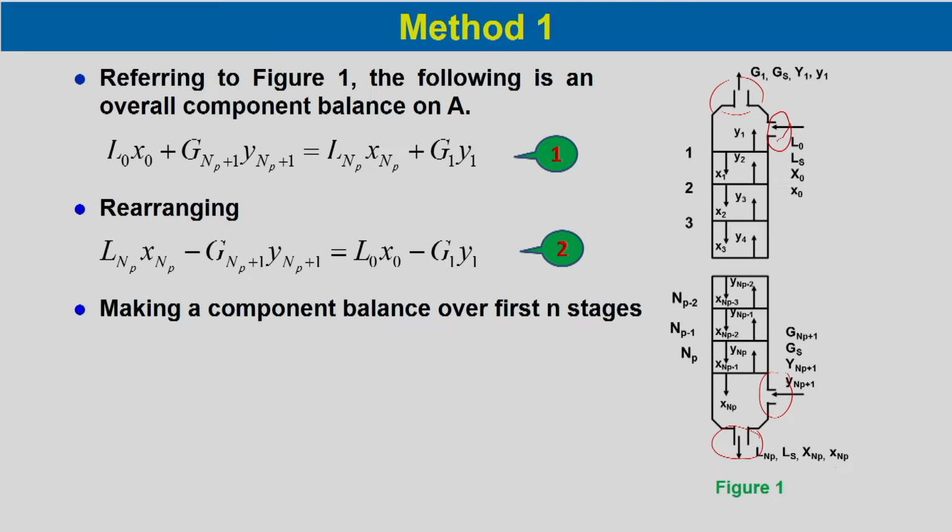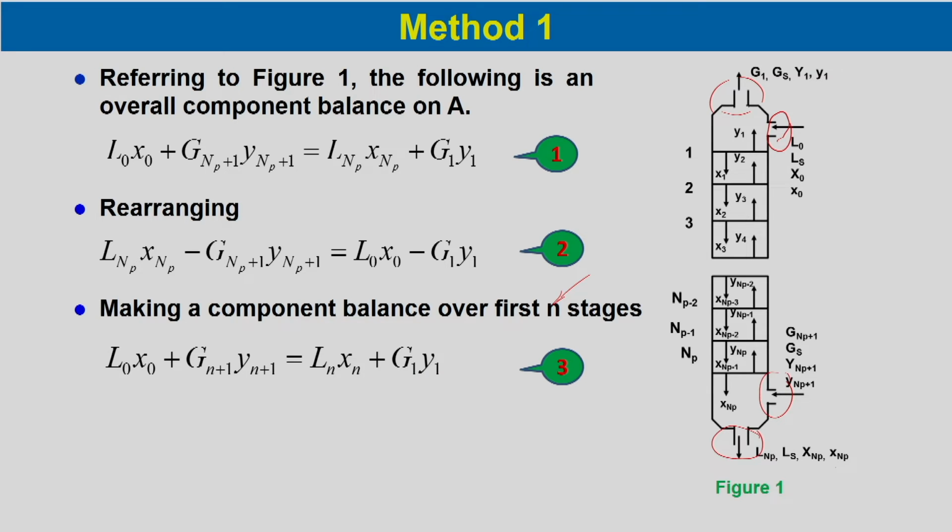Now, making a component balance over the first n stages, small n, where n is anywhere inside the column from top to bottom, we can write L naught into x naught plus G n plus 1 into Y n plus 1 equal to L n x n plus G1 Y1.